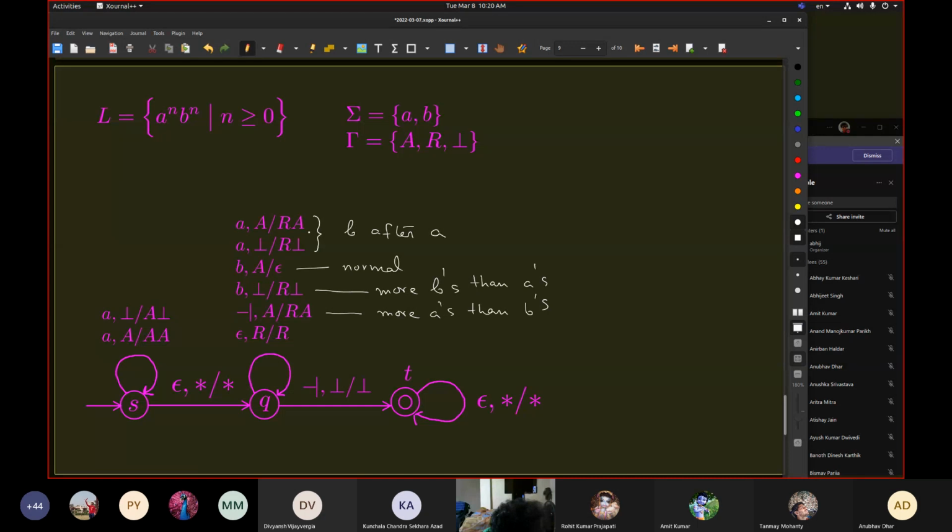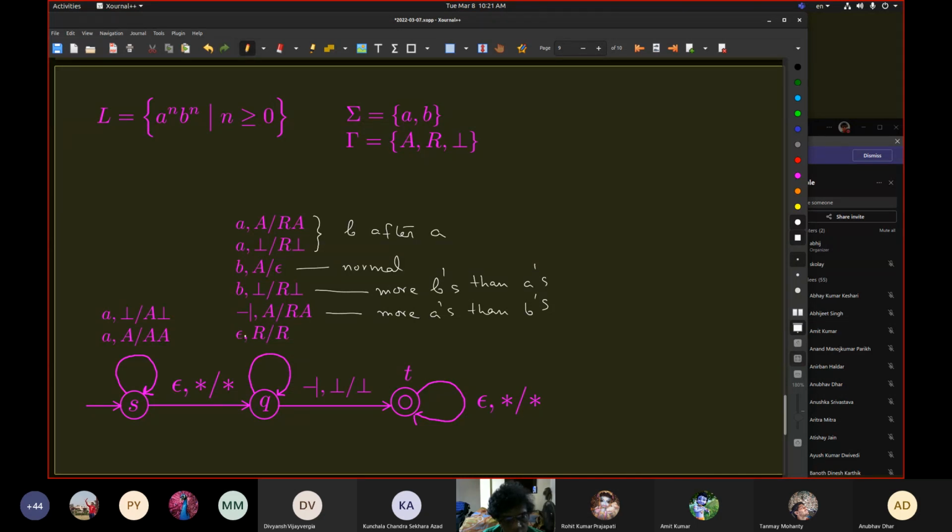Okay. So these four are the situations. 1, 2, 3, 4. These are the situations where the machine should reject. And it does so by pushing this R to the top of the stack, keeping the stack otherwise intact. And whenever this R is there on the top of the stack, irrespective of whatever is there, if there may be something left in the input or not, it will enter this loop.